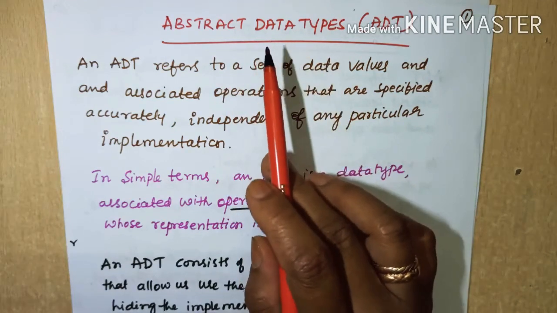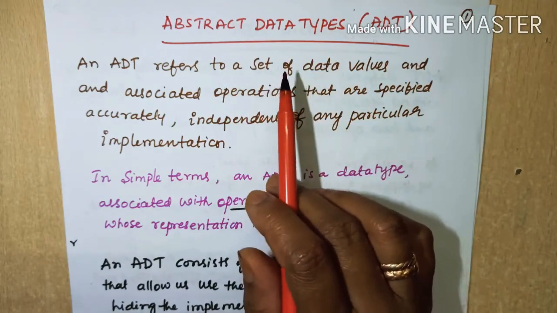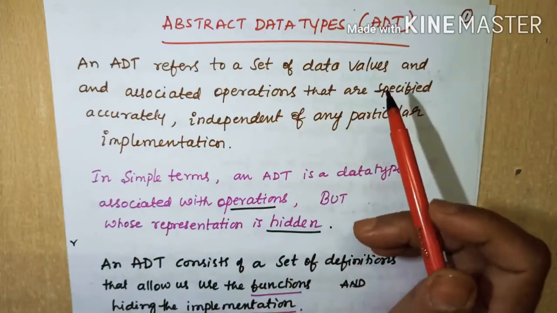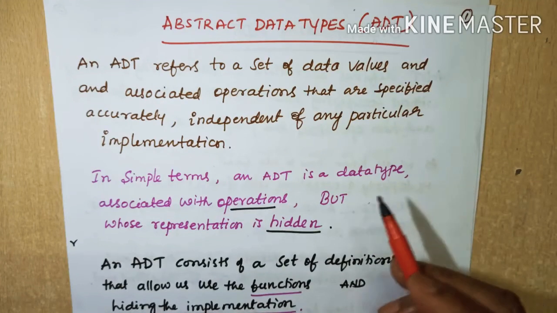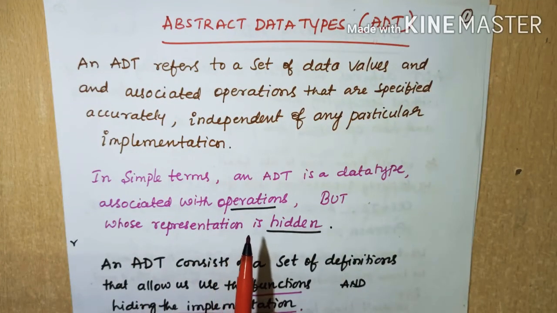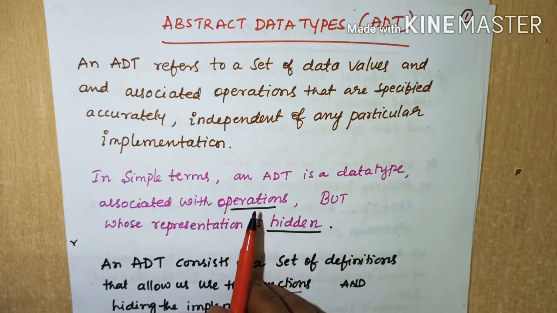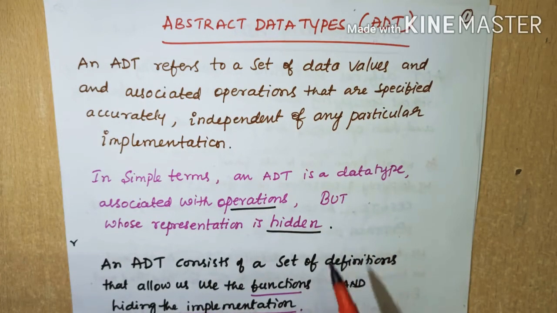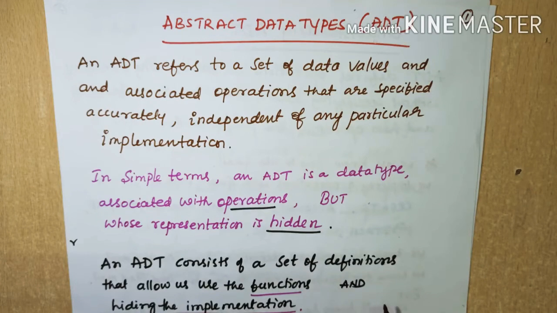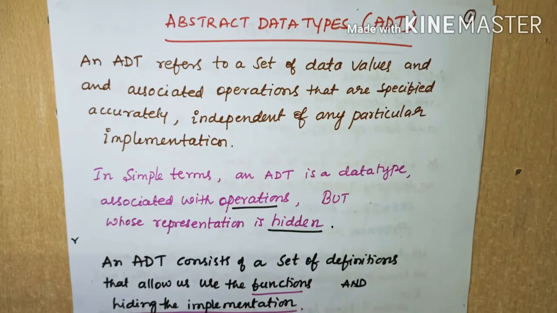See here, in short, we call abstract data type as ADT. So ADT is called a data type which is associated with a set of operations, but whose representations are hidden. See, an ADT consists of a set of definitions that allow us to use functions and hide the implementation.